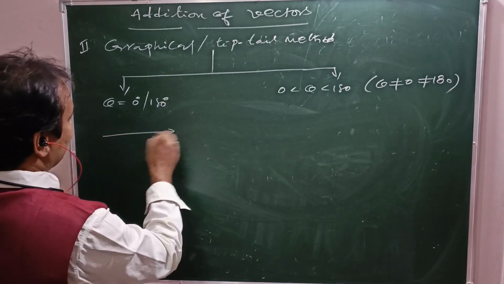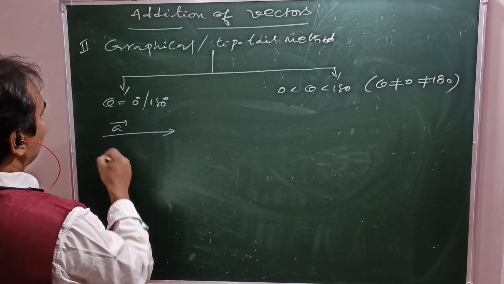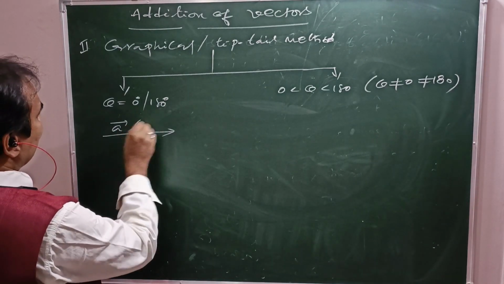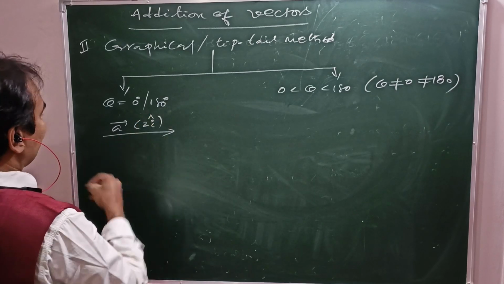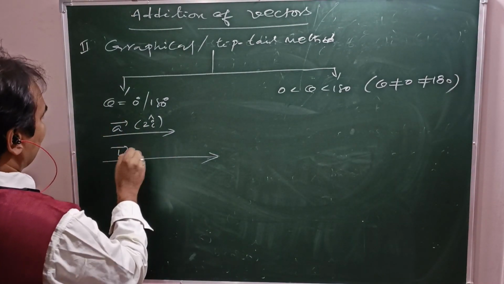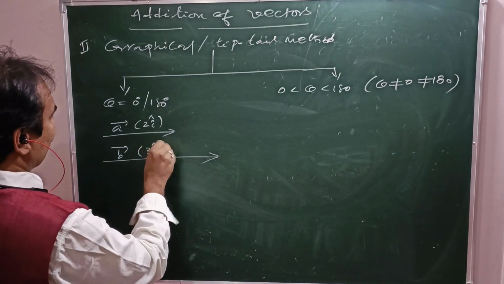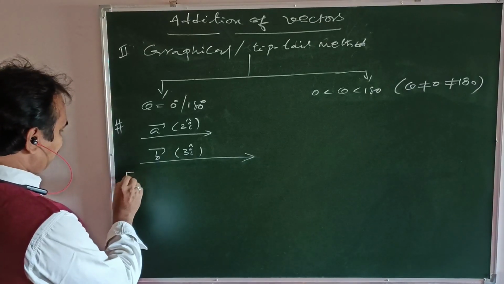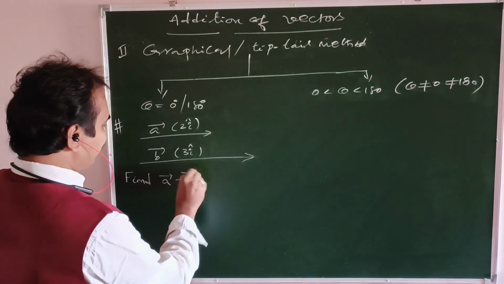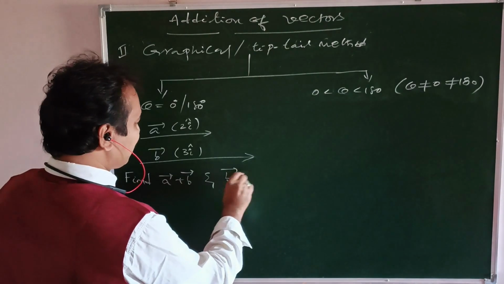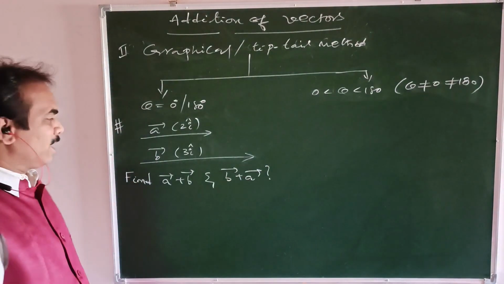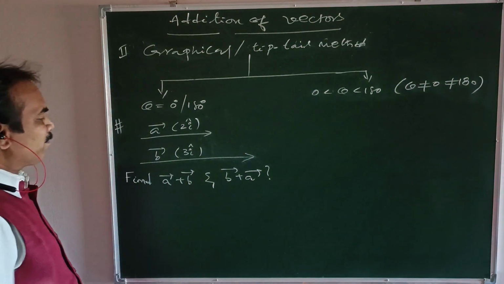This is given vector A bar, say this is 2i cap, another vector B bar, say 3i cap. Find A bar plus B bar and B bar plus A bar. How to find A bar plus B bar?